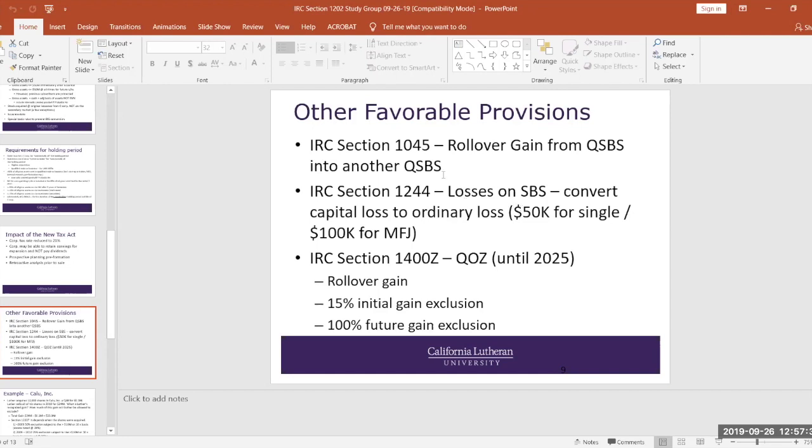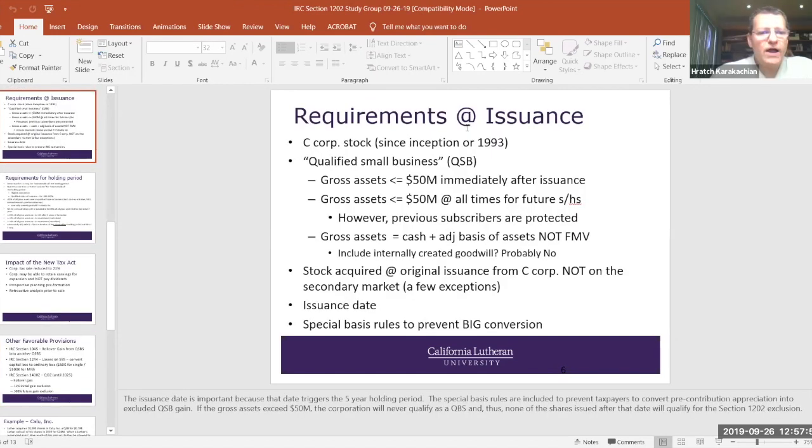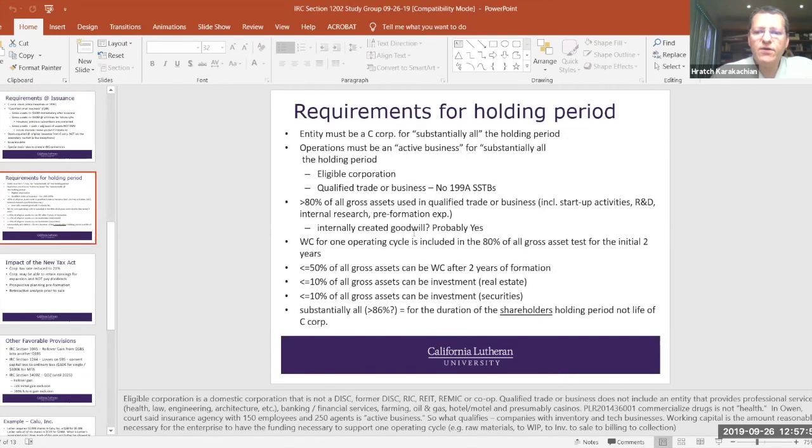So there are investments available specifically designed to roll over a gain like that. Yes, the entity that they're rolling over into must be a QSBS. Correct. In other words, these requirements at issuance and for the holding period have to be met. Right.